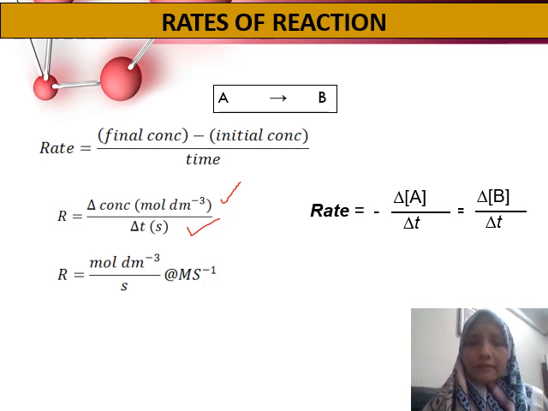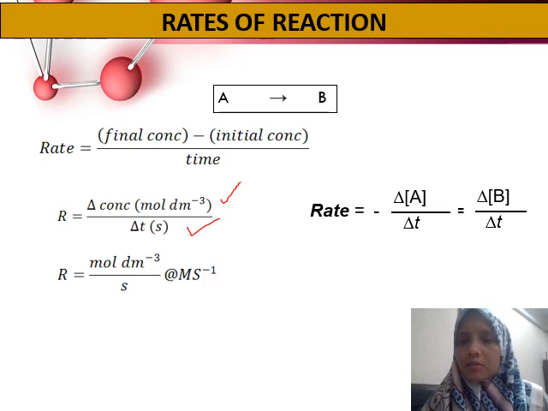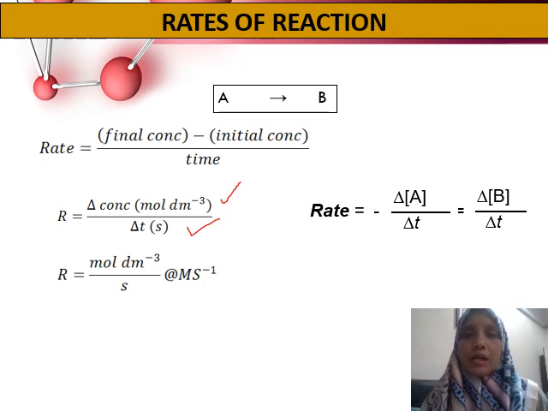Then, okay, rate. How to write rate? Rate is written based on the reactant on one side, while the other side is the product. So if you refer to A producing B, rate is equal to, for any reactant, because the concentration is reduced to form the product, delta A of the reactant is minus, because the concentration is reduced, over delta T. Whatever product you have will have a positive sign, so we don't need to put a positive sign here because the concentration of the product is increased.